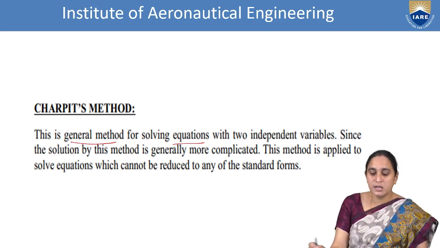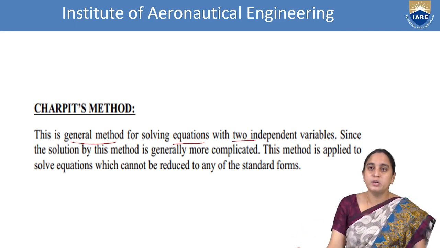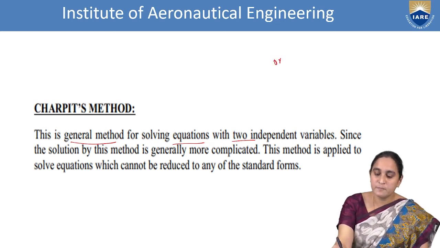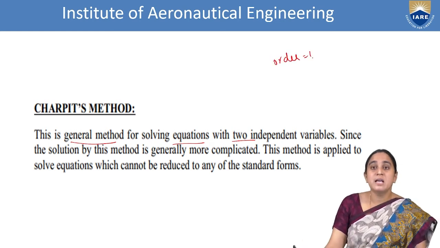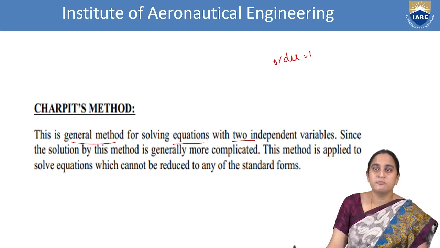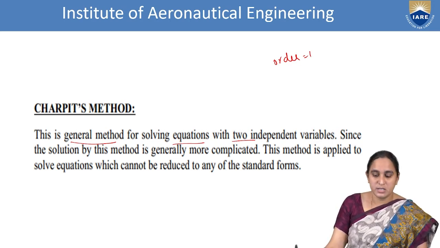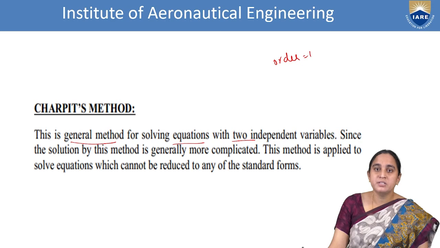What is non-linear? Here we involve two independent variables. Non-linear means order is 1 and degree is more than 1. That type of equation is called a non-linear partial differential equation. And what about the linear differential equation?